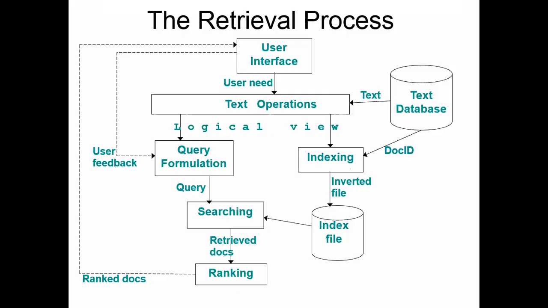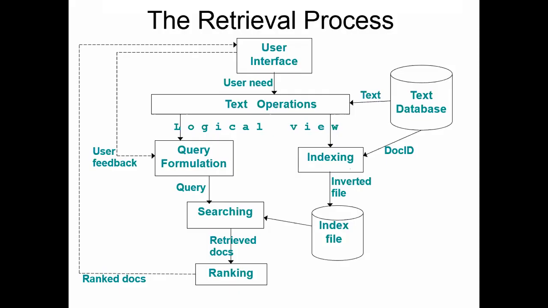Why do we need the searching subsystem? To handle the information need of the users. So to handle the author's world and the user's world, we need indexing for the author's world, searching for the user's world.